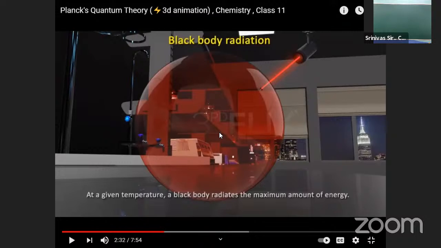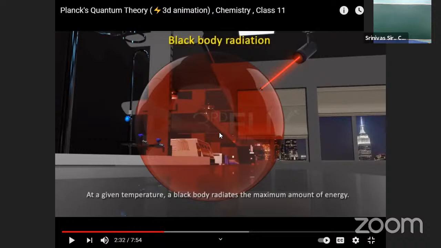Now, under that 100 degrees Celsius temperature, the black body emits one kind of radiation, right? Those emitted radiations are associated with some amount of energy. Let it be some 100 calories.